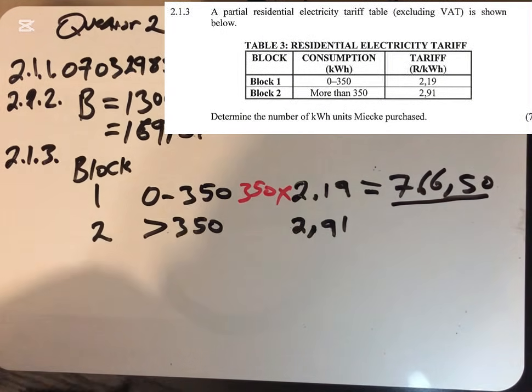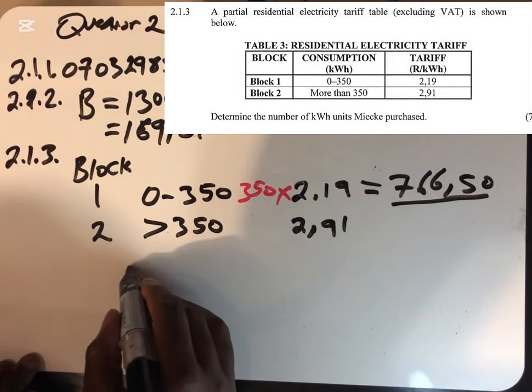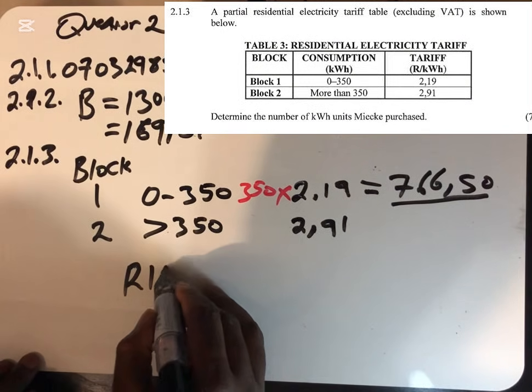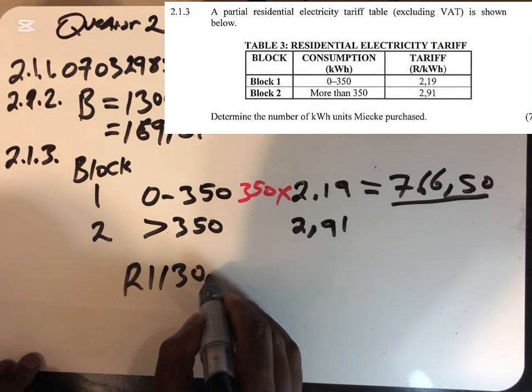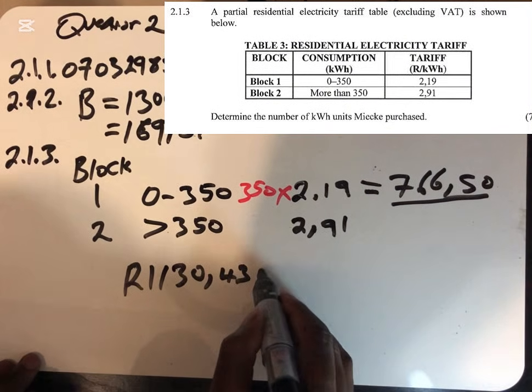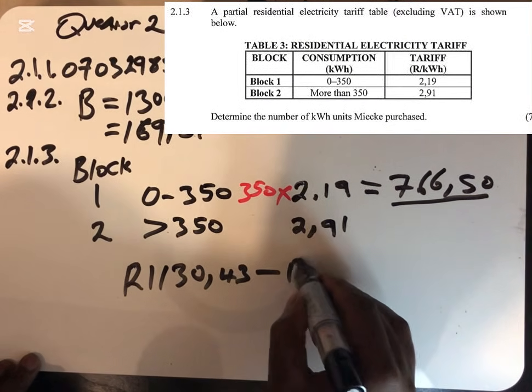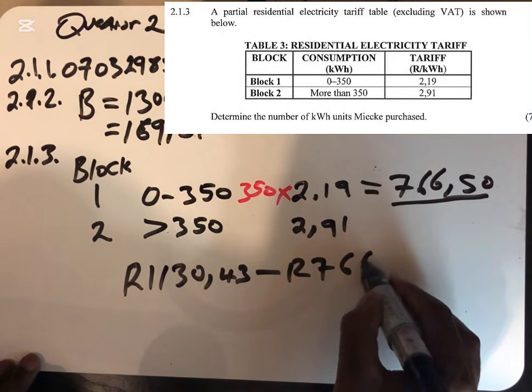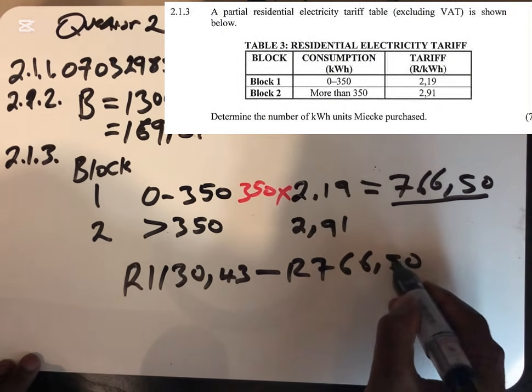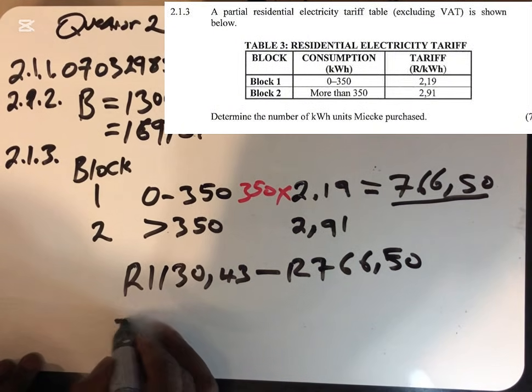And the total amount of money that this family has used, excluding VAT, don't forget, is 1,130.43. We just have to remove the 766.50 that they've used in block number 1.